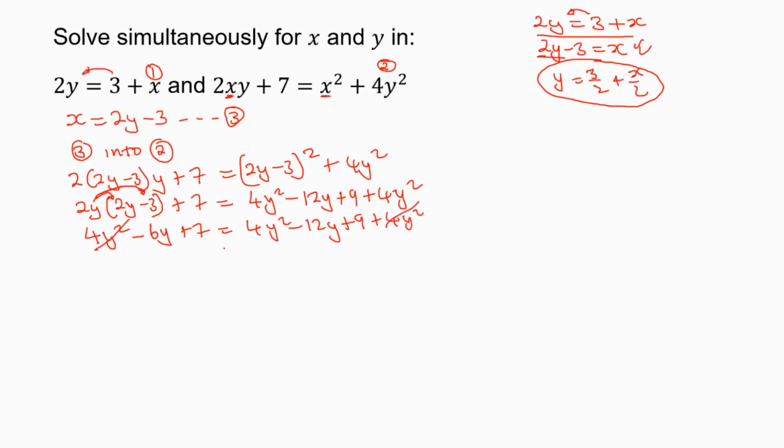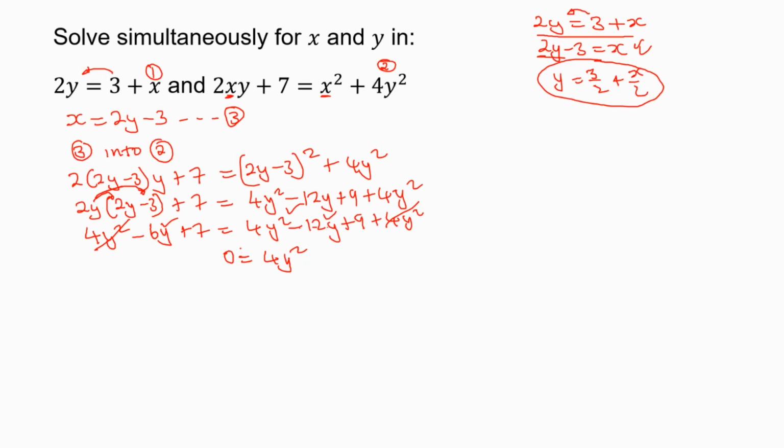And what do we remain with? I'll maintain the 4y squared this side. So it's going to be 0 is equal to 4y squared. And then we've dealt with this. Let's go to the y's. Negative 12y plus 6y, because when 6y comes to the right hand side, it's going to be positive.